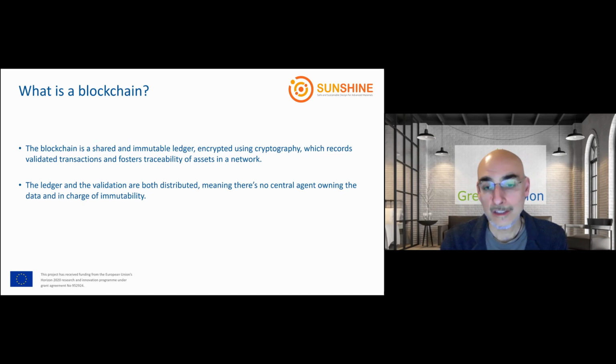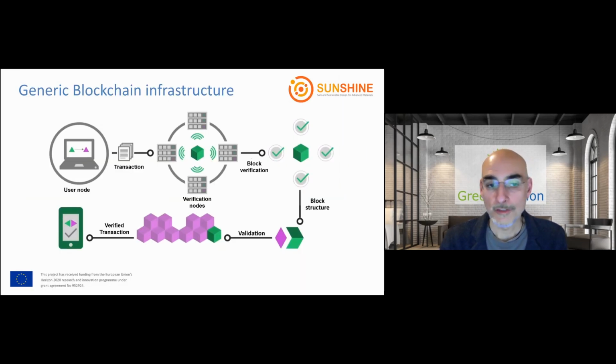This is managed in a distributed way, so there is no central point, and this ensures trustability and the immutability of data. Just to give you an idea, when a transaction is issued, some defined verification nodes, which can be partners in the Sunshine project, verify the transaction according to the encryption obtained from the previous transaction blocks in the blockchain. If the transaction is validated, then it takes part in a block.